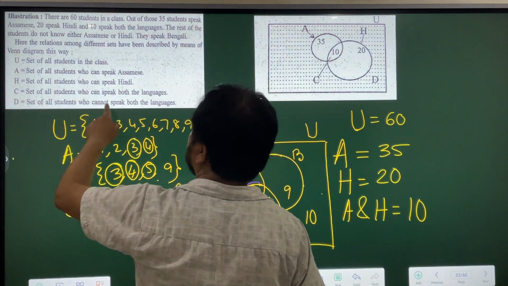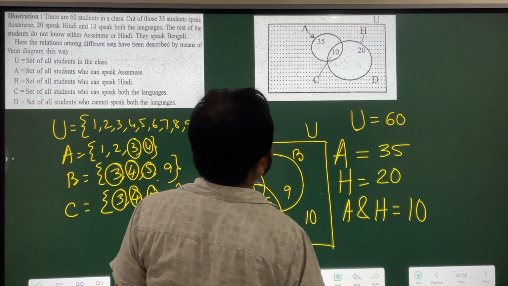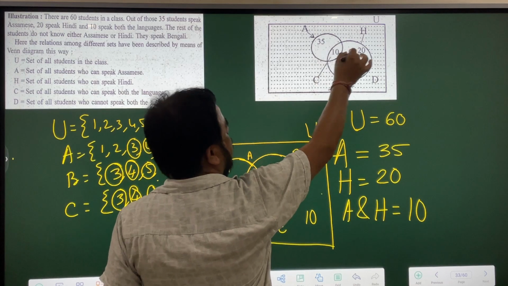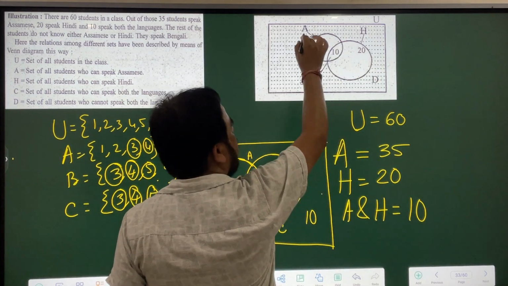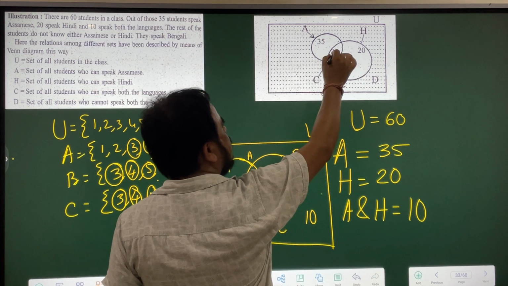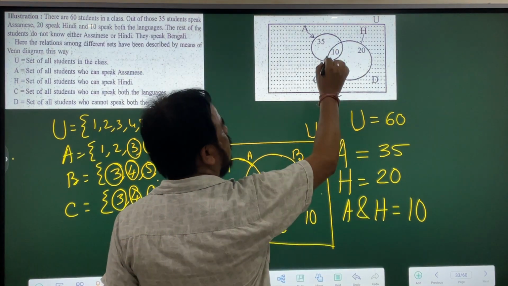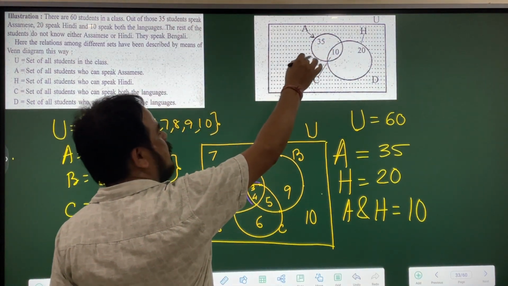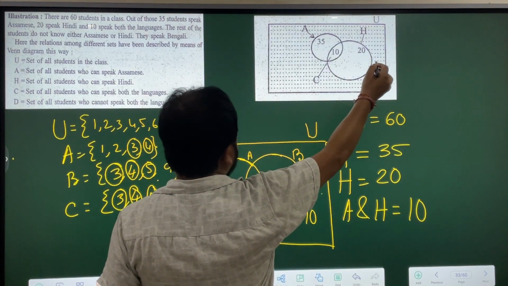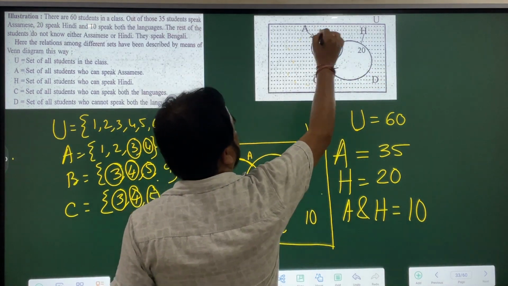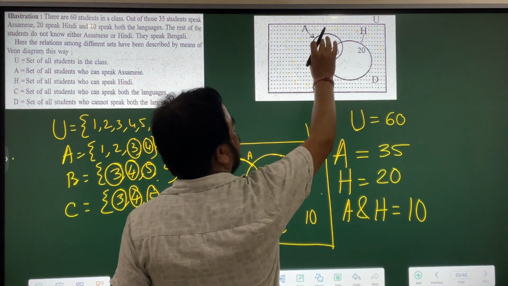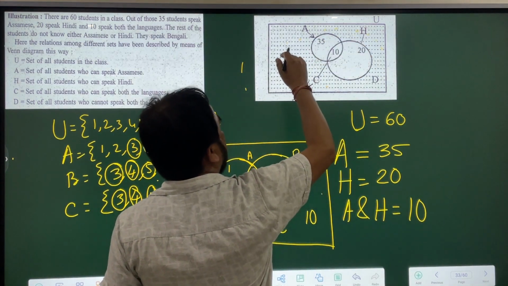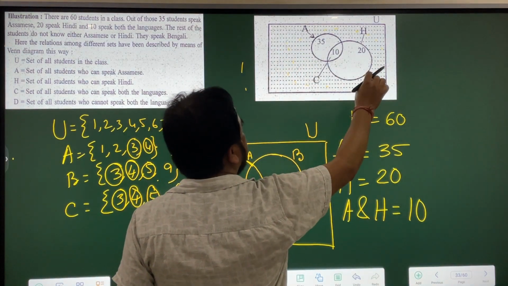Now D: the set of all the students who cannot speak both the languages. Look here. This is the circle for A, this is the circle for H. A means Assamese, H means Hindi, and the common part means both languages. Outside these circles are students who can speak neither Assamese nor Hindi, so it is kept blank with dots. The rest of the students cannot speak Assamese or Hindi.